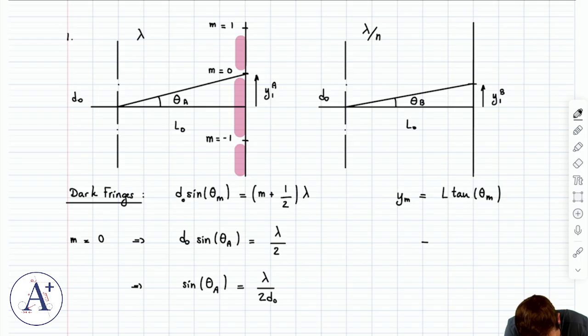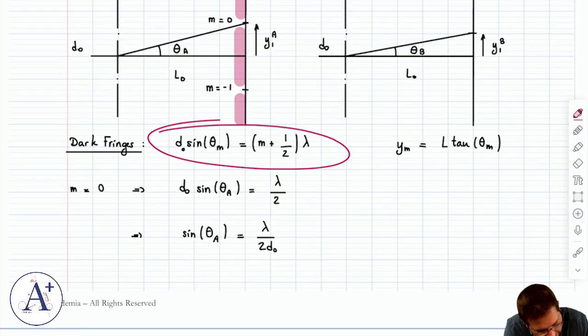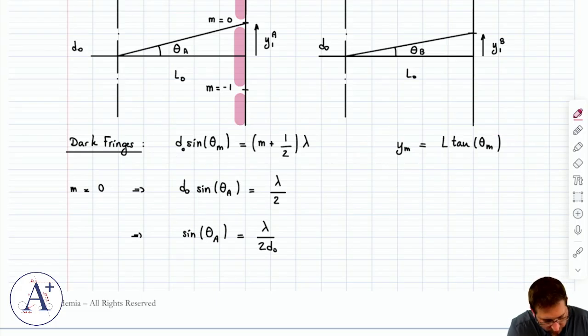If I can use the small angle approximation, then ym is approximately L sine theta m. Let's be clear. These are the angles that locate the dark fringes. These are the y positions that locate the dark fringe. You can give me an angle or give me y, but the problem gave me y, so I want to get my hands on that.